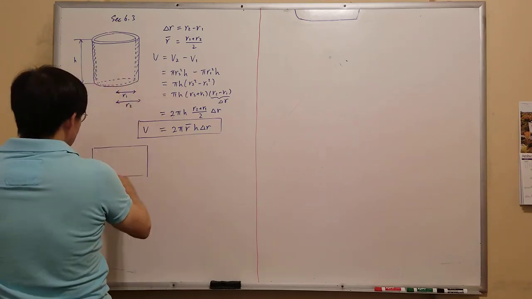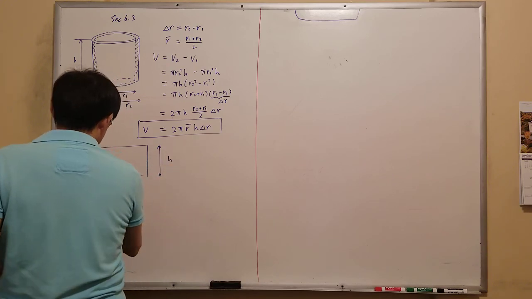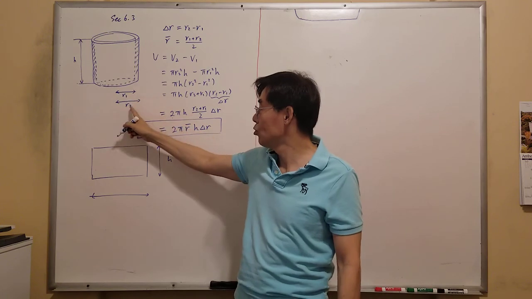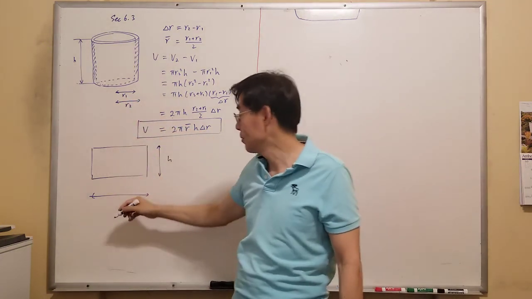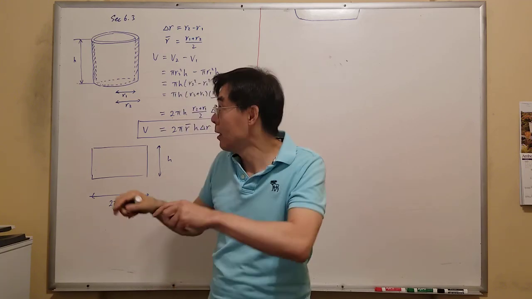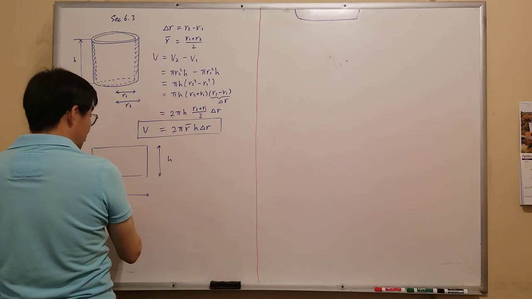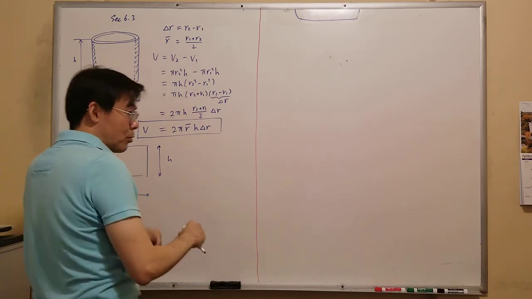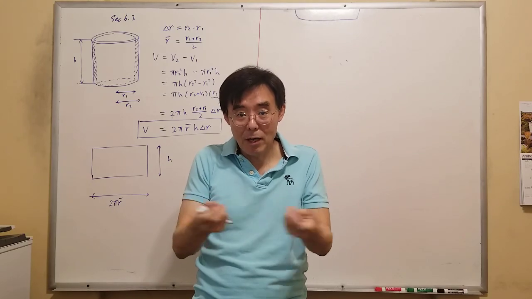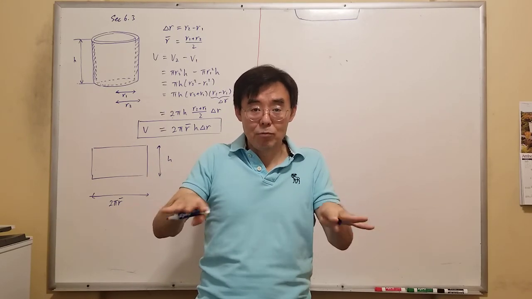This is the circumference. This is H. For the circumference, we have to choose the average value. The circumference of the circle with radius R bar is 2 pi R bar; when you unwrap, this length will be 2 pi R bar, rather than 2 pi R1 or 2 pi R2. Let's say some of the excess material of the outer wall will be transferred to the inner wall so that they can really flatten out.